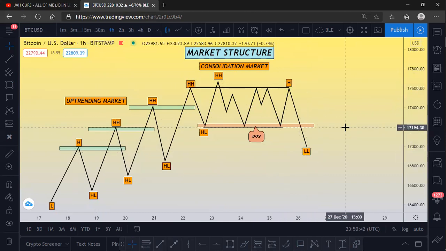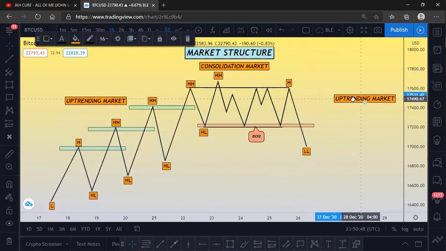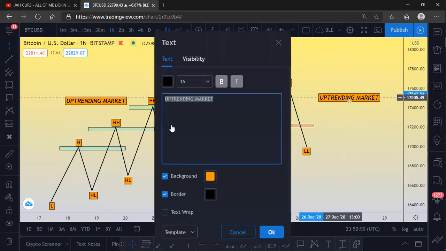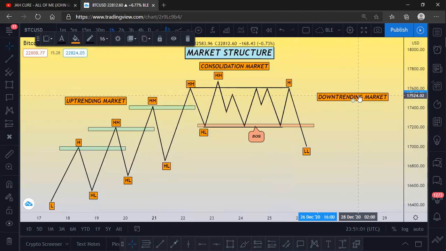Okay, and now in the downtrending market, you want to see a series of what? Lower lows and lower highs, lower lows and lower highs.